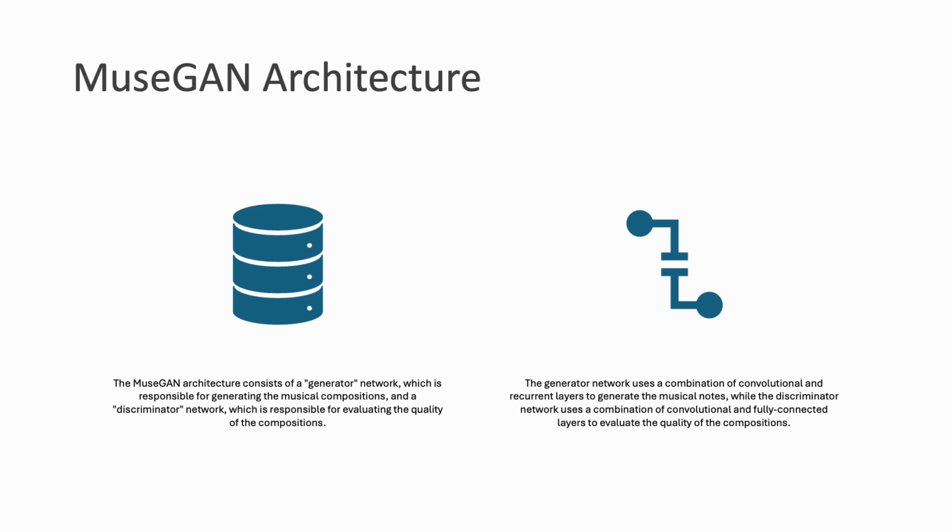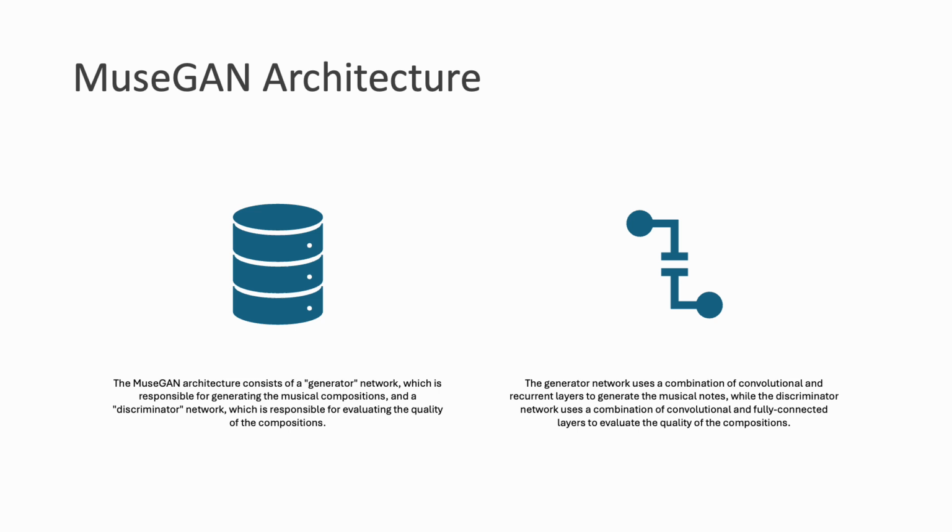The composition module allows the model to capture the interactions and dependencies between the different tracks and to generate music that is coherent and musically plausible. The model also uses a multi-scale discriminator to evaluate the generated music at different levels of granularity, such as notes, measures, and sections. This allows the model to capture the long range dependencies and structures of the music.